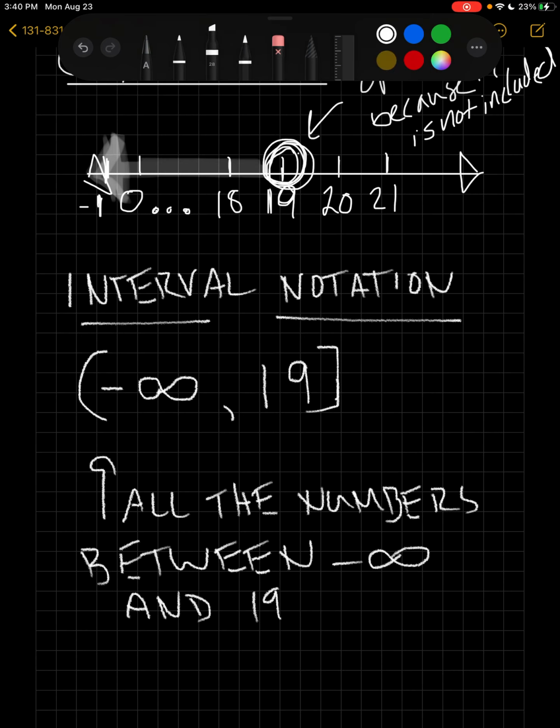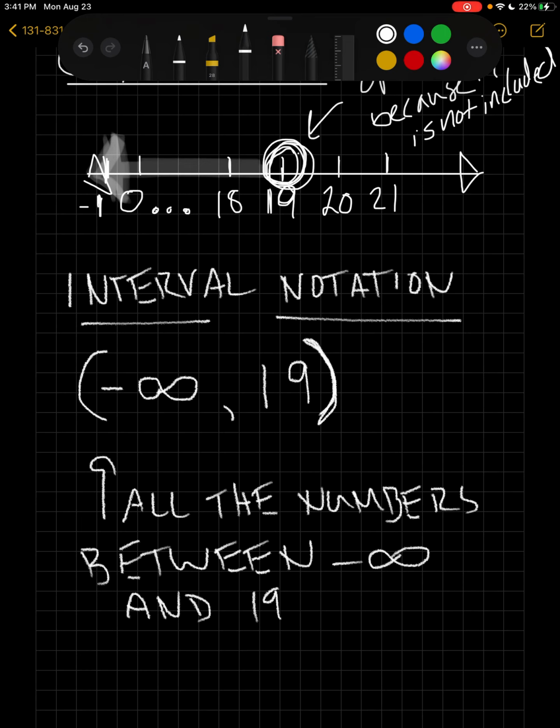Here's my mistake. Some of you might have already seen it. I used this bracket here. The bracket would mean that we're counting 19 as part of our answer, but we're not. We don't want to count 19, right? 19 is not smaller than itself. So we want to use the parenthesis. So now this is correct.